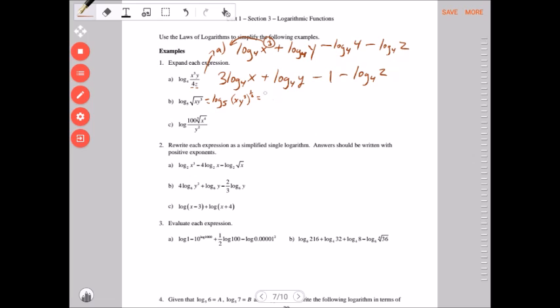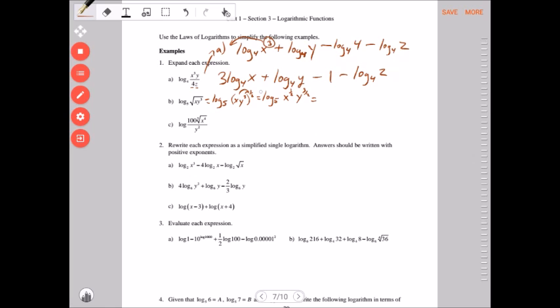So really this is going to be log base 5. Now remember that square root, or that 1/2 exponent, is going to belong to the x and to the y. So that's going to be x to the 1/2, and then y cubed to the 1/2, that's y to the 3/2. So now that I have that, I can do the laws of logs on it.